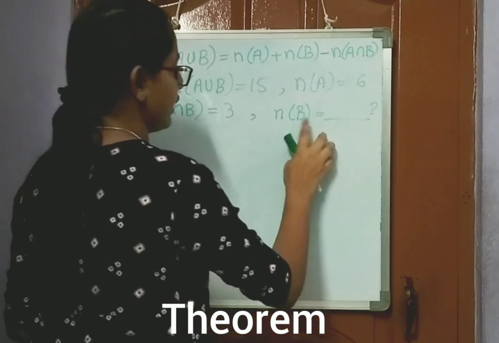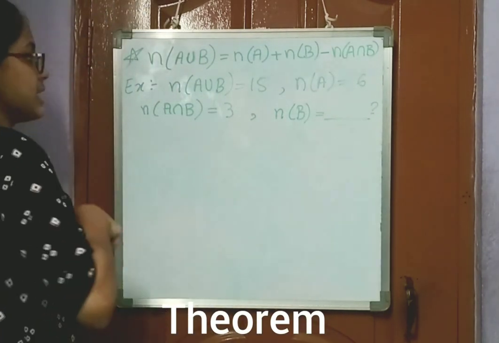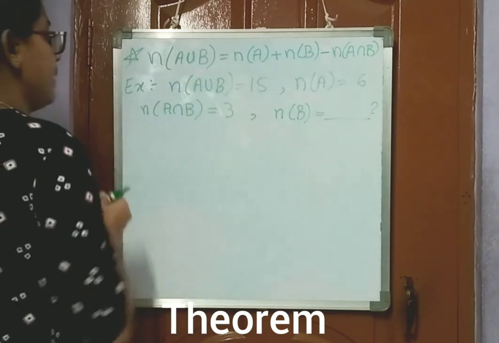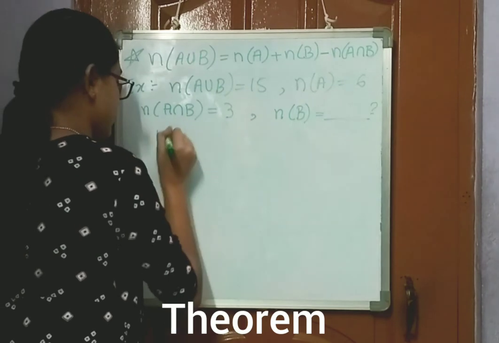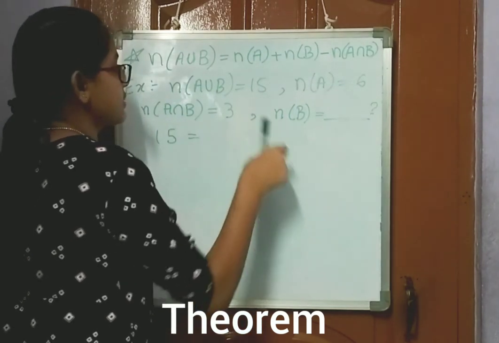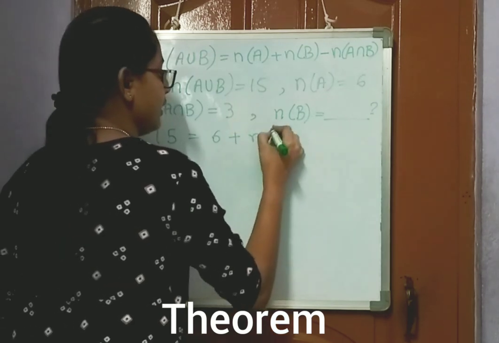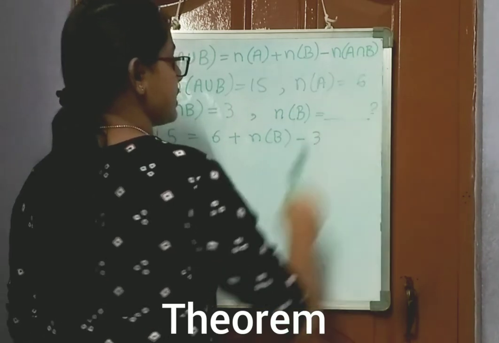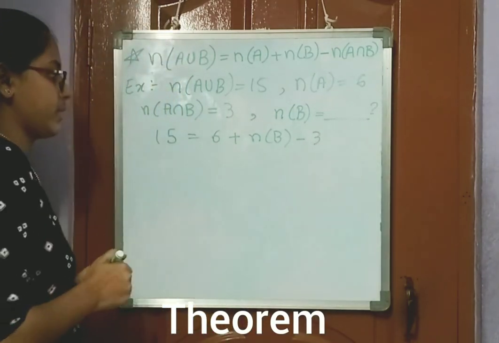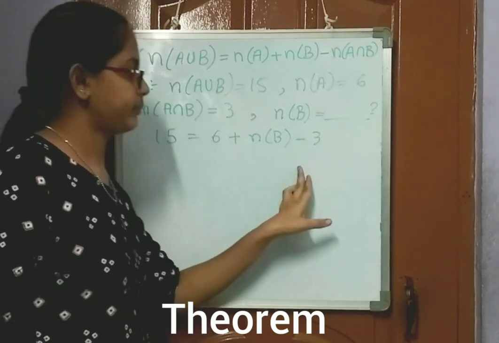Now we need to find n of B. So let's apply the given values in the formula. Our given values are: n of A union B is 15, equals n of A, given as 6, plus n of B, which we need to find out, minus n of A intersection B, which is 3. So by this we need to find n of B.